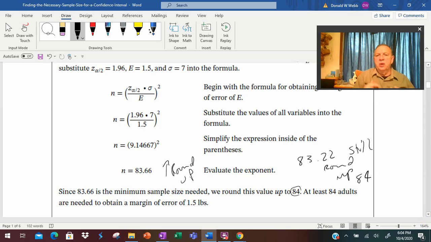Okay. So always round up when you have a decimal number. Now, if this was just 83, you're okay. 83 people, you can sample 83. You just can't sample 83.1, 83.2, 83.66. You need 84 to build everything out. If you don't get that extra, this is not going to be the right size that you wanted.